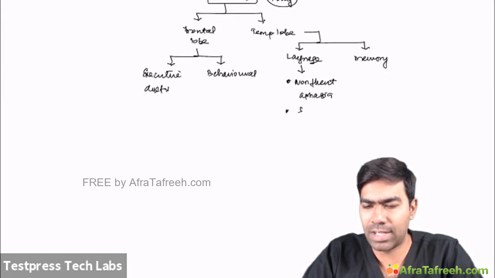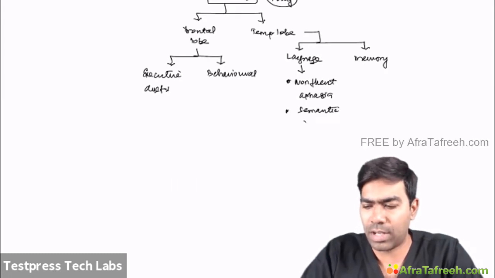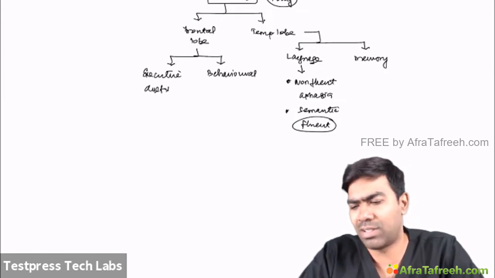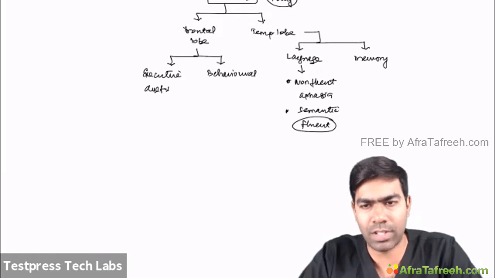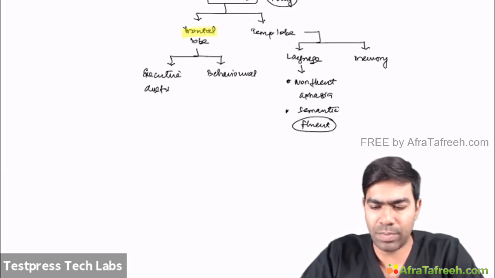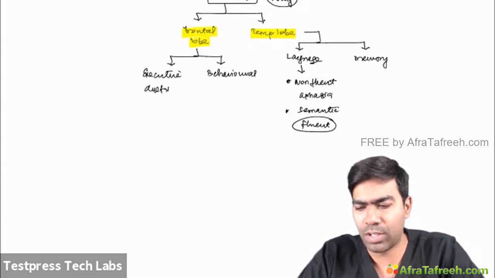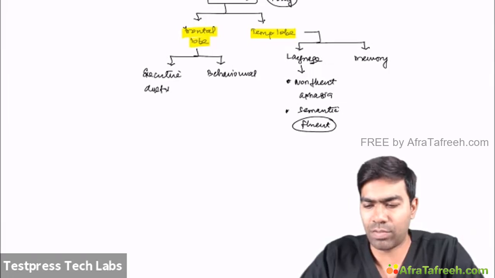And you can have a semantic or fluent aphasia-like variant, which will mimic something like Wernicke's, not all the features. So based on involvement of the frontal and temporal lobes, you can have these kinds of issues.